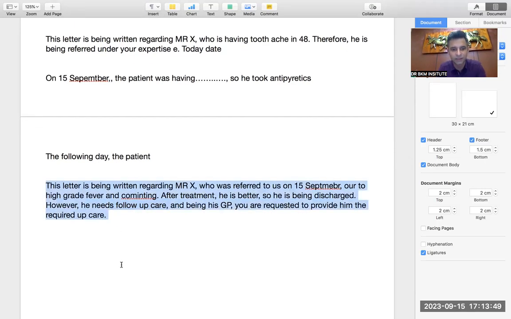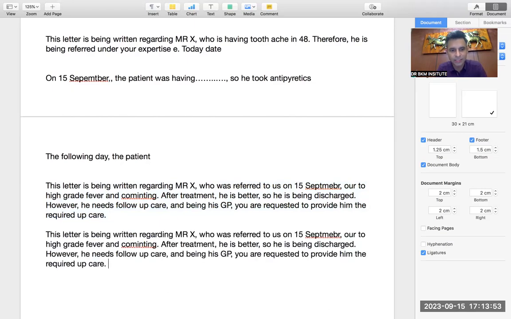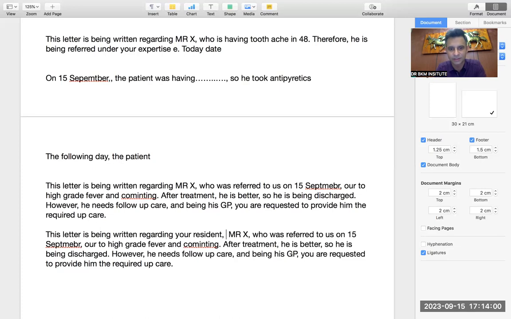So what would be the difference between the two? Let's see. This letter is being written regarding your resident Mr. X. That is the only thing I am changing. This letter is being written regarding your resident Mr. X, who was admitted to our hospital on 15 September due to this and this problem.